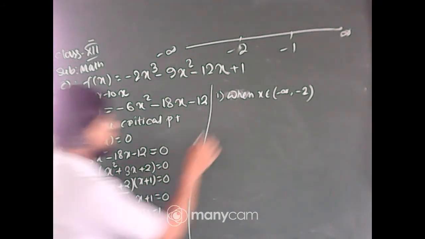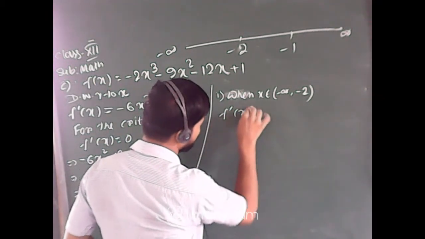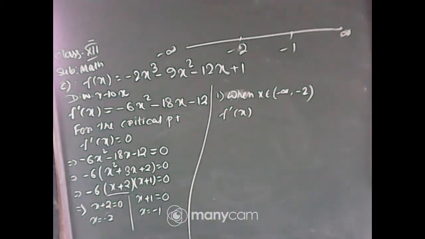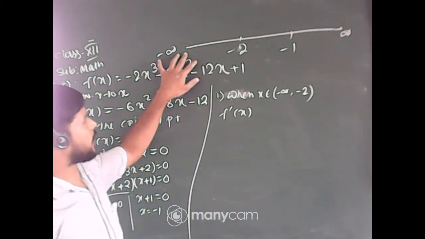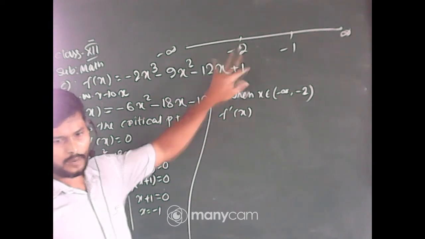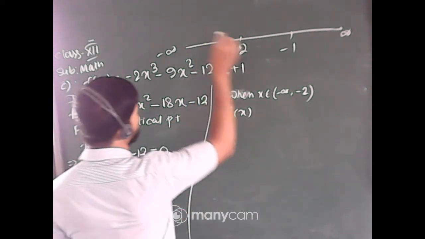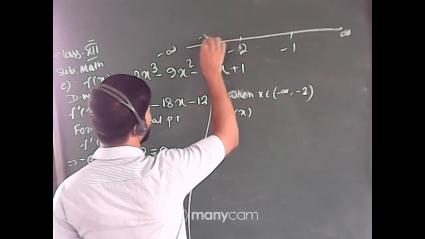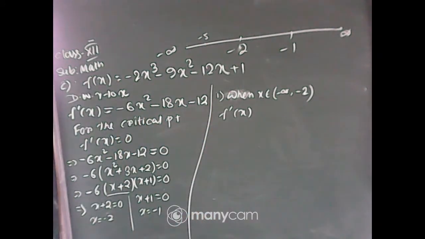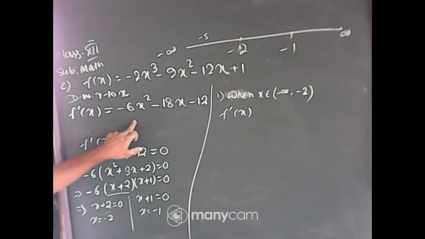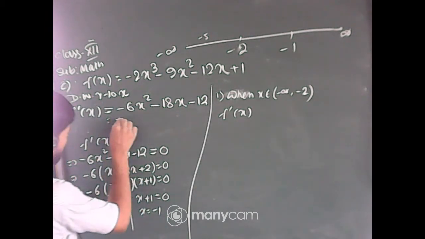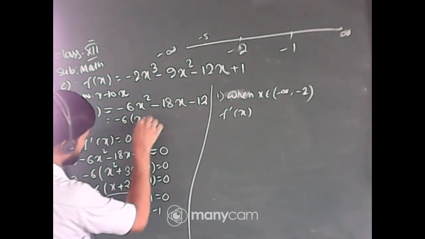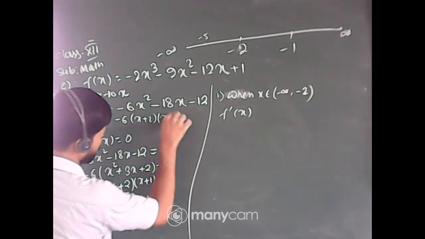So what is the value of f dash x? Okay, you can take any point which is lying between minus infinity and minus 2. So let us take x equal to minus 5, whatever the value you can take. Put it here. Look, this can be written in the form minus 6 into x plus 2 into x plus 1, isn't it?